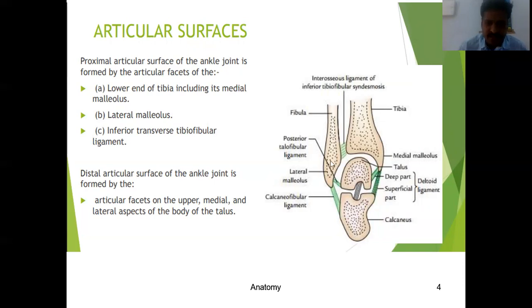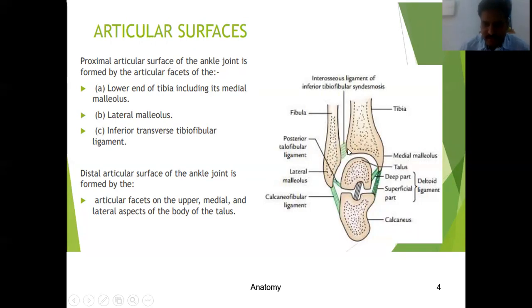So these are the structures in the diagram. You can see the tibiofibular mortise formed by these structures: the lower end of the tibia with medial malleolus, and the inferior tibiofibular ligament. Of course, I have already explained this in the osteology class.